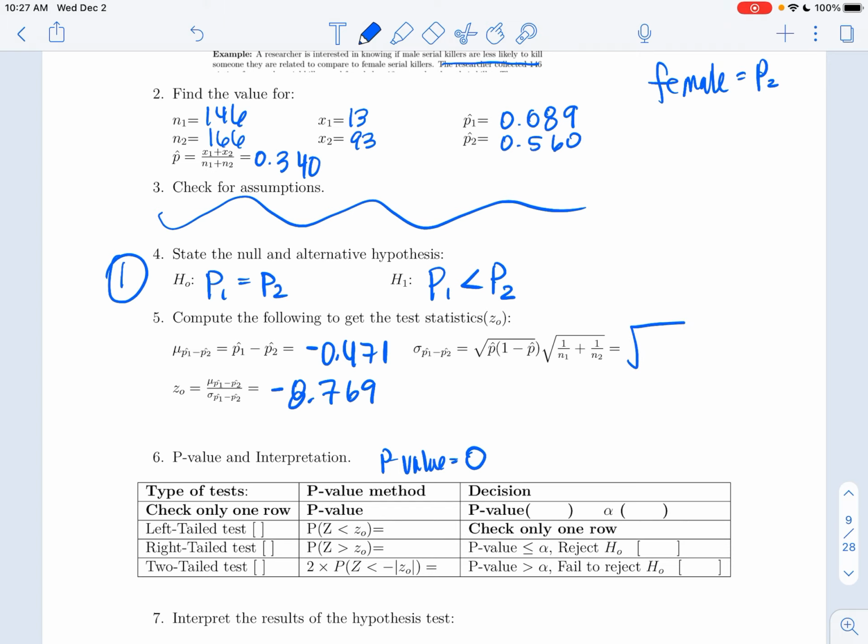So just to find out sigma, here I have 0.340 times 1 minus 0.340 times the square root of 1 over 146 plus 1 over 166. Okay, so this equals 0.054.